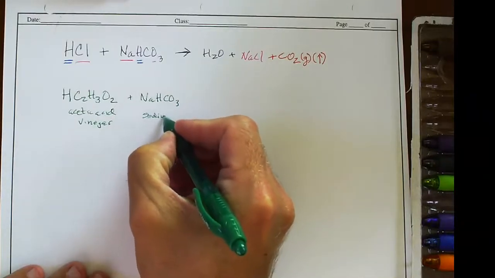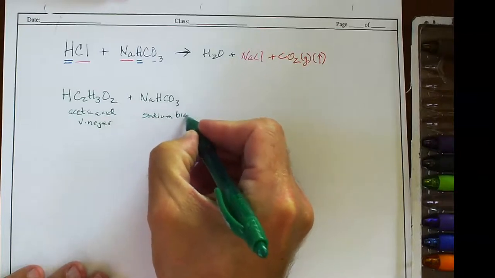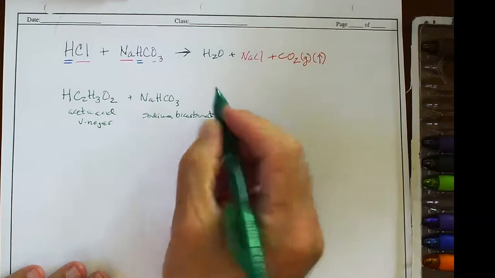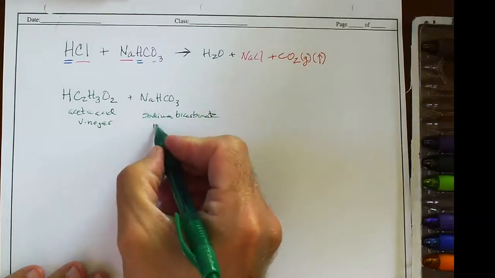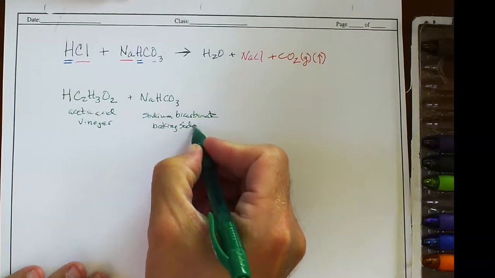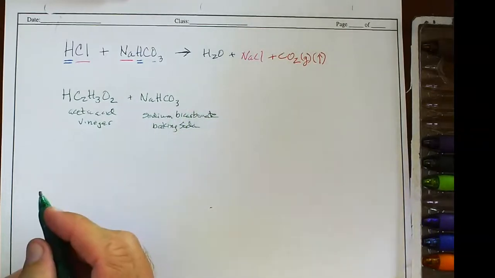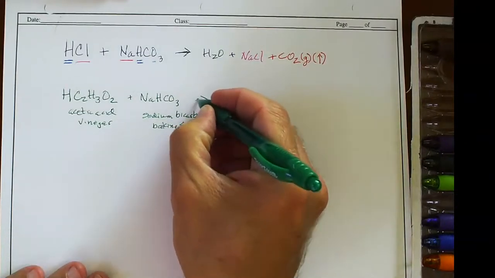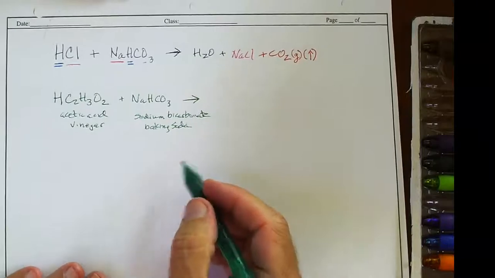And I want you to know bicarbonate. It's very common. All right, now this is baking soda. So have you ever put vinegar and baking soda together? Most people have. So what do we get?